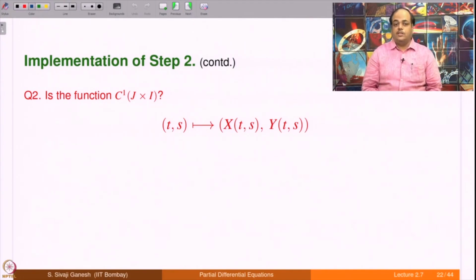Now, the next question is, is it a C1 function? If you look at this, x and y are solutions of a certain ODE, therefore, with respect to t they will be C1. What about with respect to s? What about together? Answer is yes, it is a C1 function. If the partial derivatives with respect to t and with respect to s are both continuous functions, then it turns out that it is differentiable with respect to the two variables together.